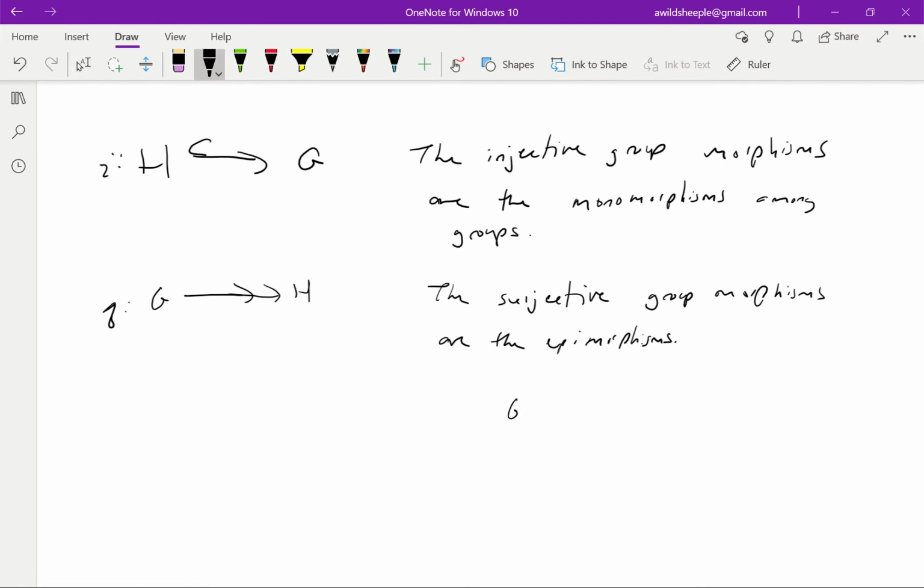It says that if I have a map G to H, well, I can factor out G by the kernel, again in the classical setting, and obtain a map which is an isomorphism onto its image. But if the map is actually surjective, then this is an isomorphism.